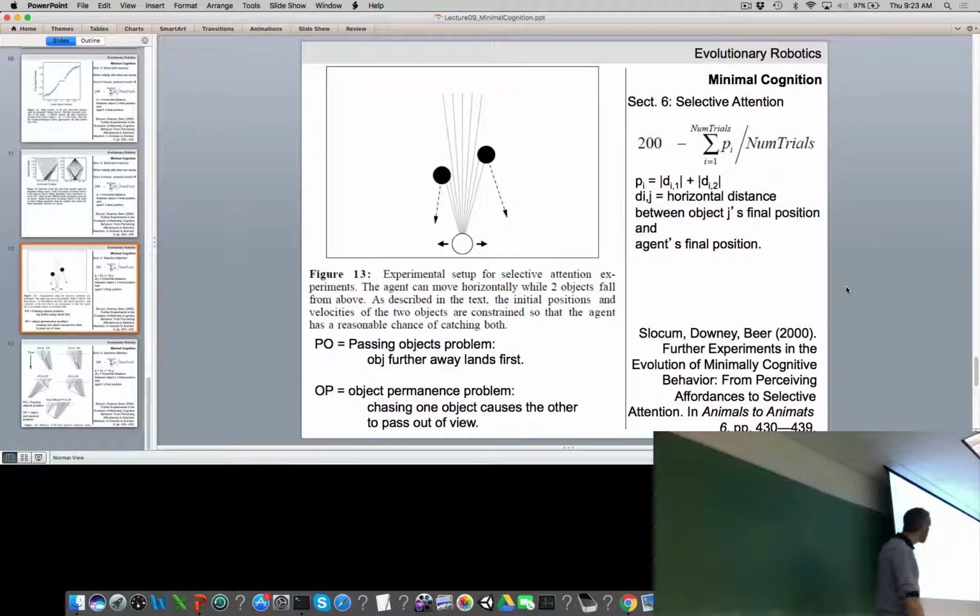Okay, so D1 and D2, the horizontal distance between object I's final position and the agent's final position, at what time step? When do we calculate D1 and D2? Remember, we've got these 2 independently falling objects.